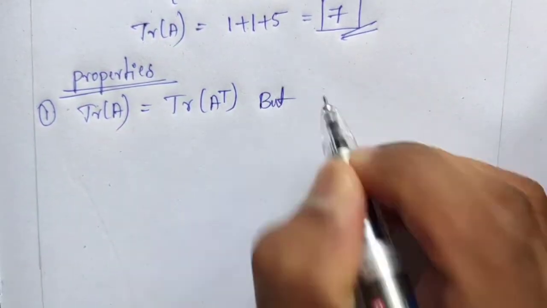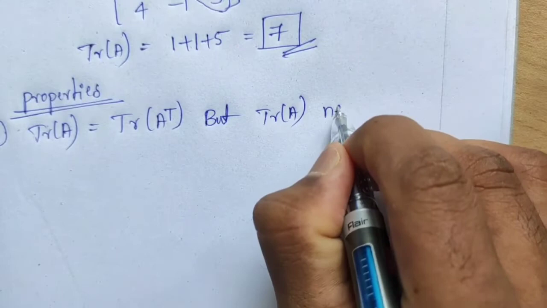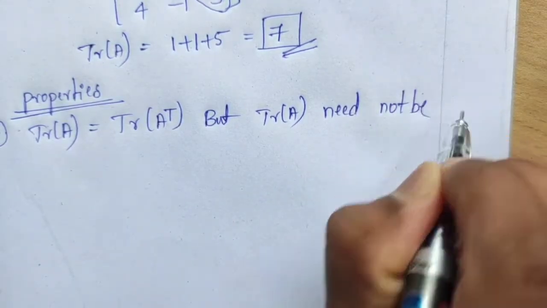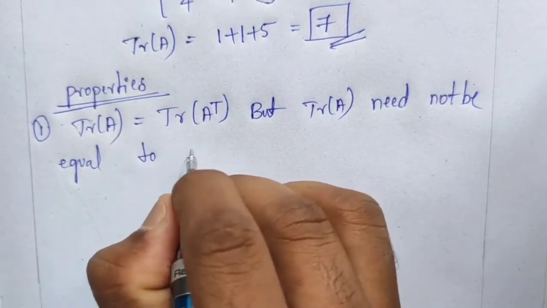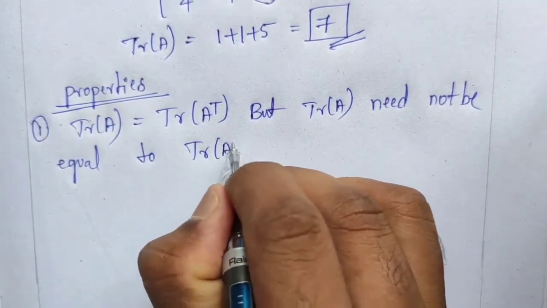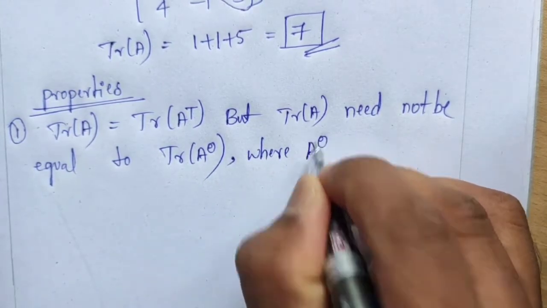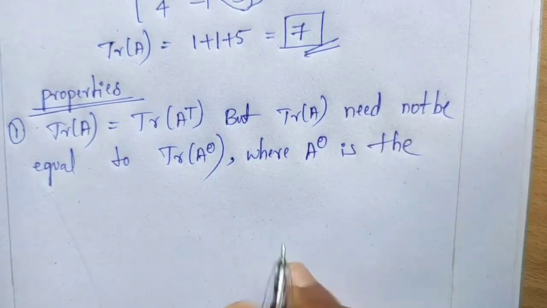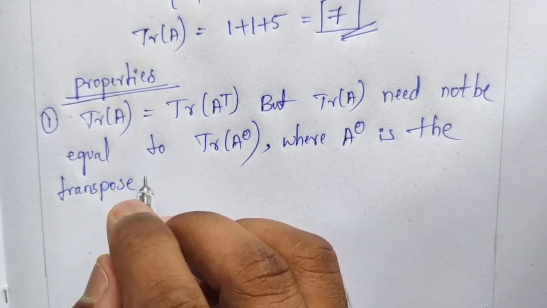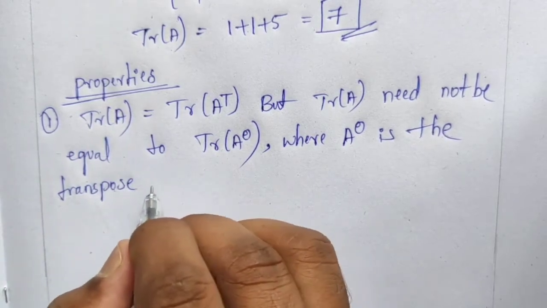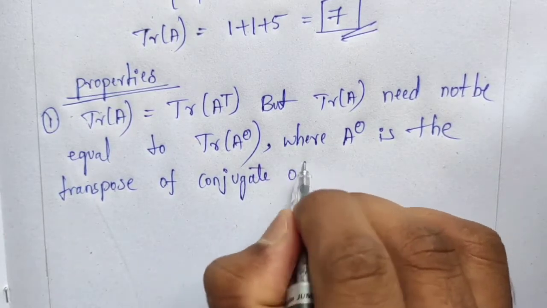But trace of A need not be equal to trace of A theta, where A theta is the transpose of the conjugate of A.